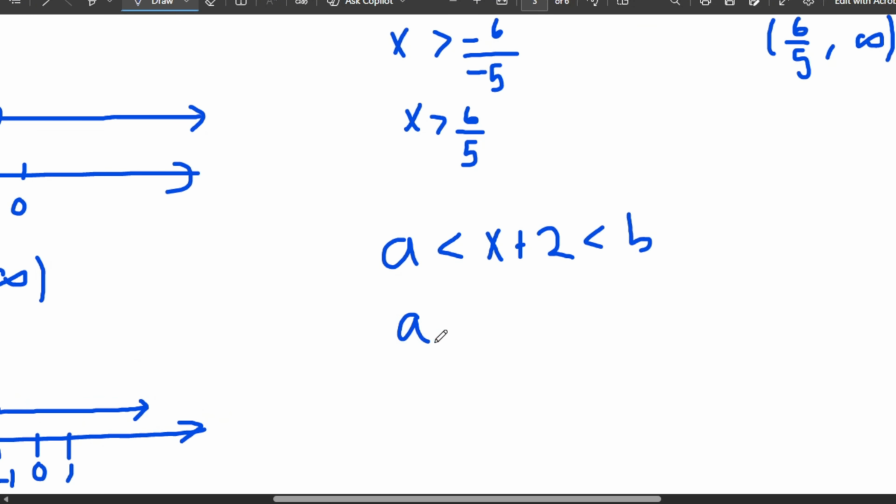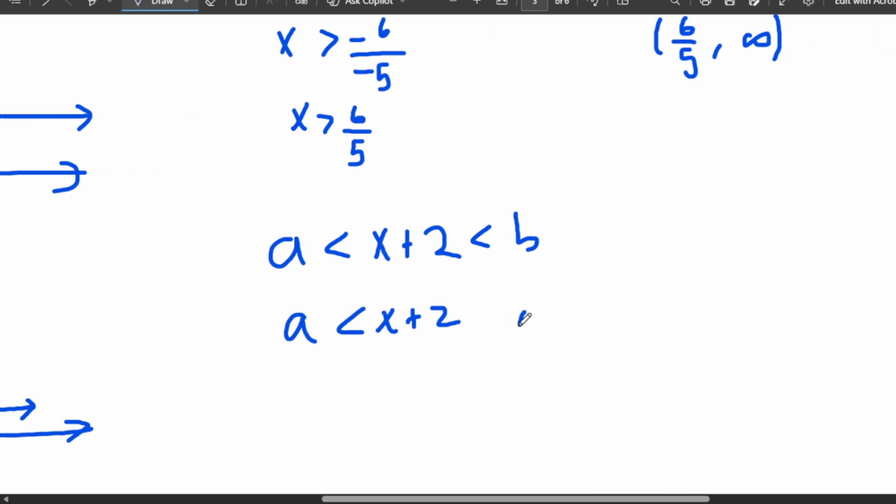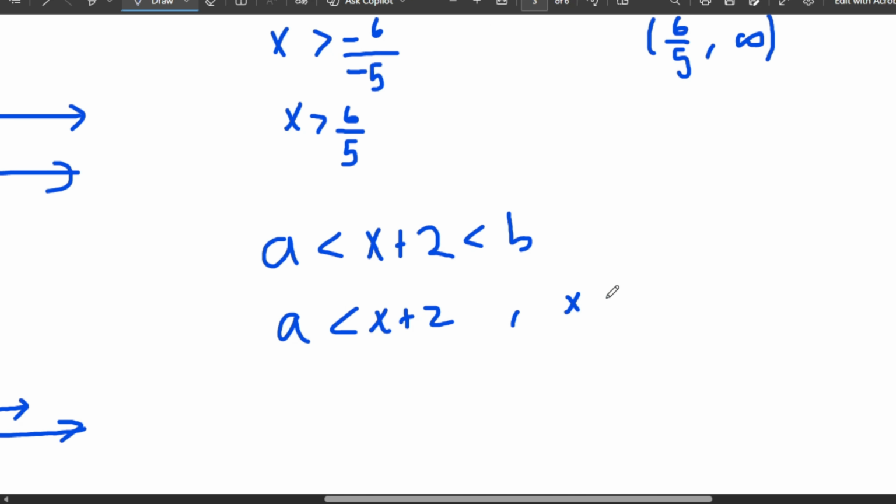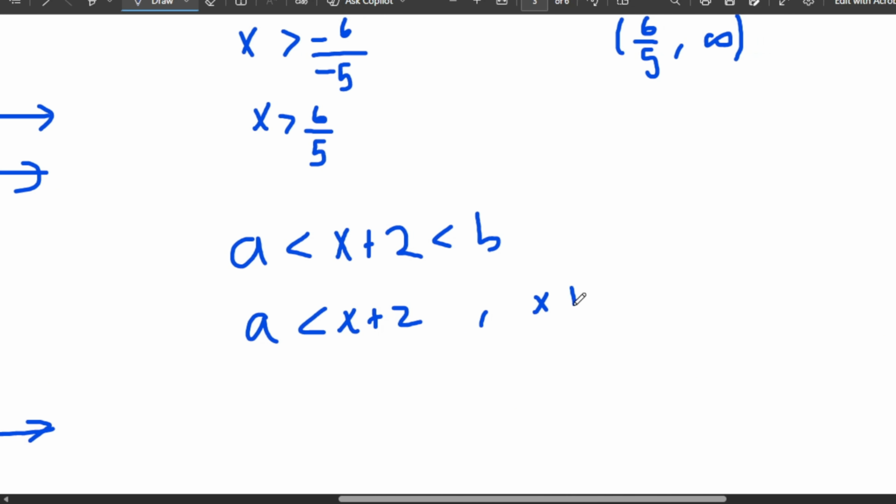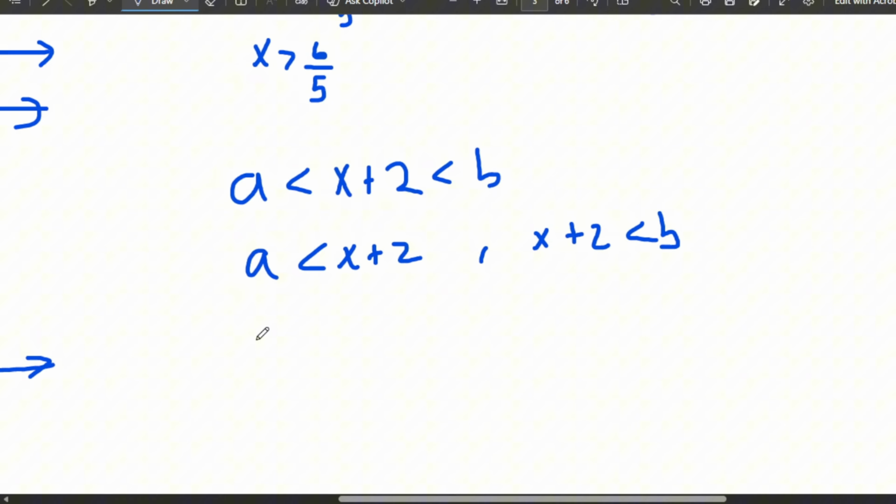So we have, let's say, a is less than x plus 2, and also x plus 2 is less than b. So we split the inequality into singular inequalities. We would have a minus 2 is less than x, and also x is less than b minus 2.